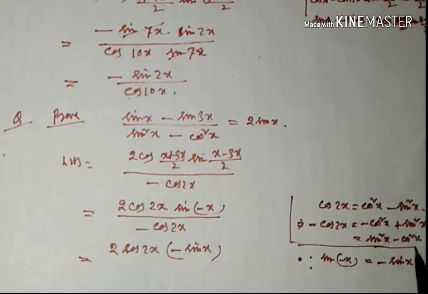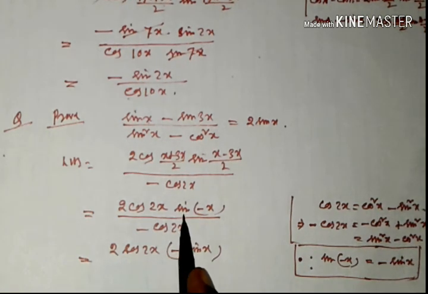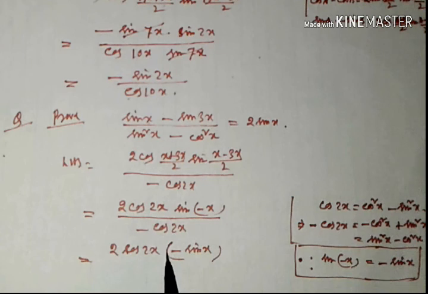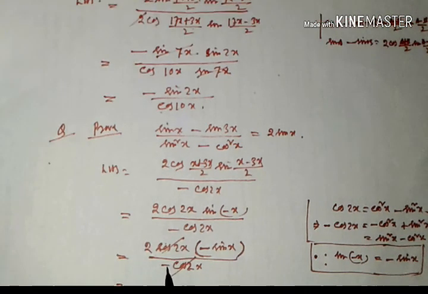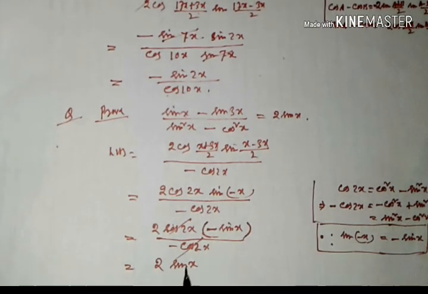Therefore we write within the bracket minus sin x over minus cos 2x. This minus and this minus will be plus, therefore 2 sin x, which is the RHS.